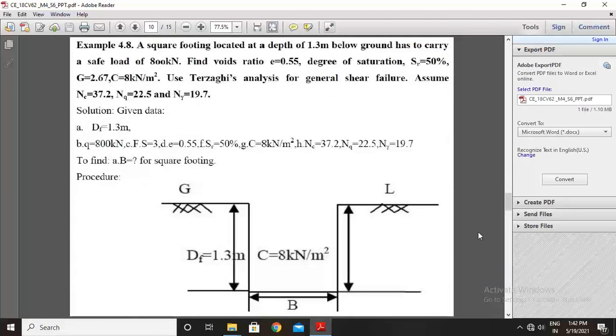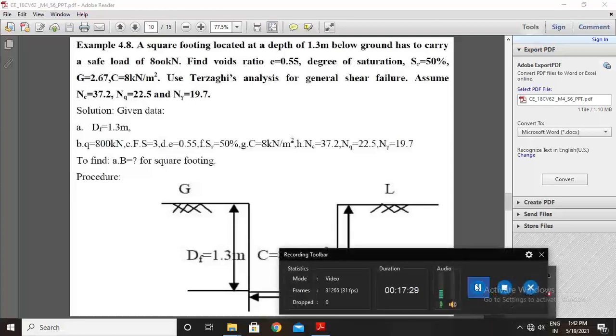Let us see the next problem. A square footing located at a depth of 1.3 meter below ground has to carry a safe load of 800 kilonewton. Void ratio e equal to 0.55, degree of saturation Sr equal to 50%, G equal to 2.67.